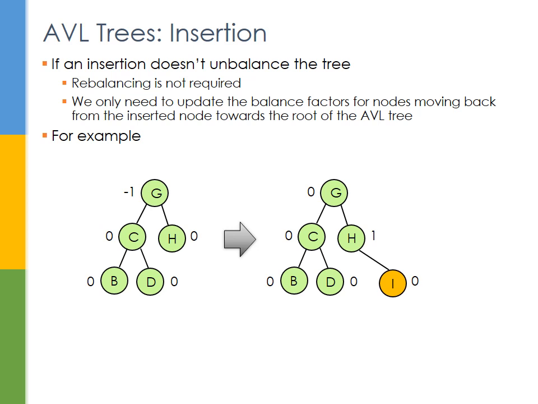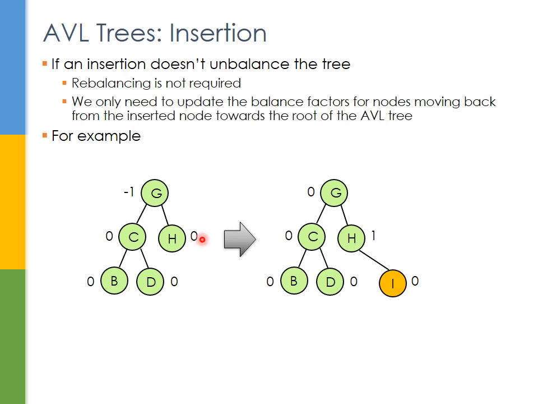We then move up to its parent node, and because we saw that the insertion occurred on the right branch of this node, we then need to increase the value of the H node's balance factor by 1.